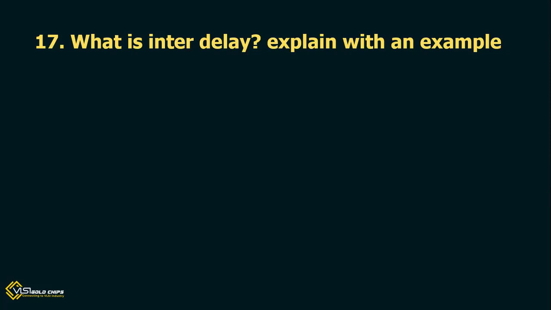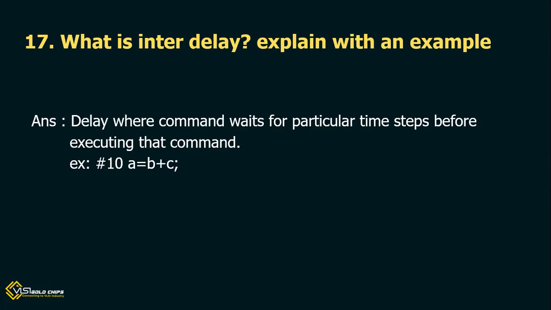And the next question is, what is inter delay? Explain with an example. The delay where the command waits for particular time steps before executing that particular command. That is inter delay. For example, #10 A = B + C is the assignment statement.